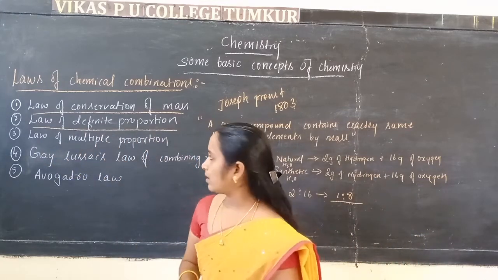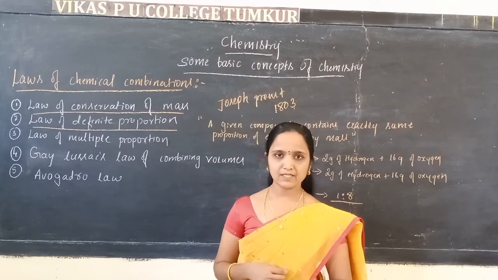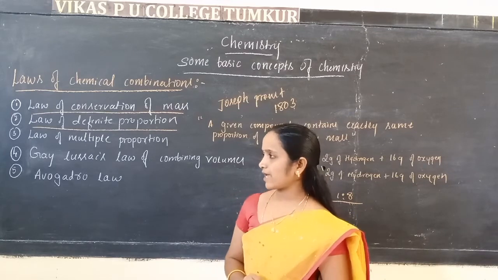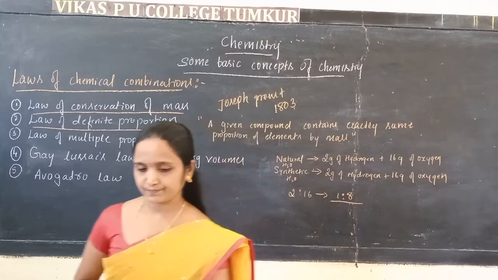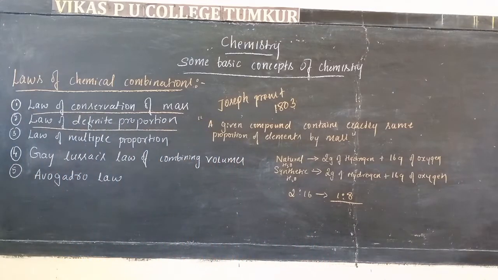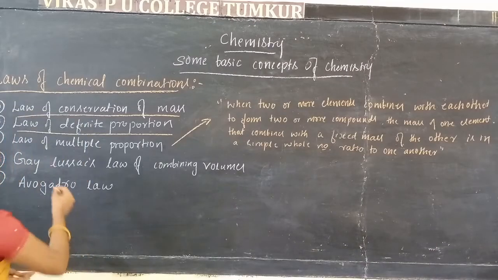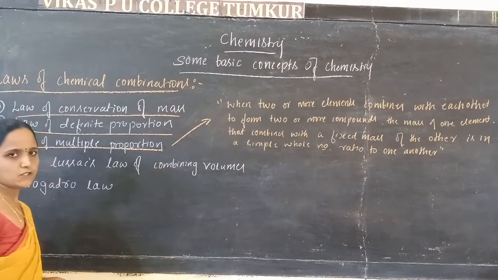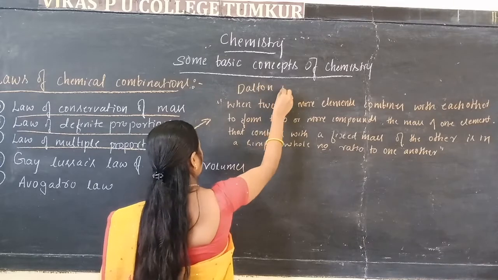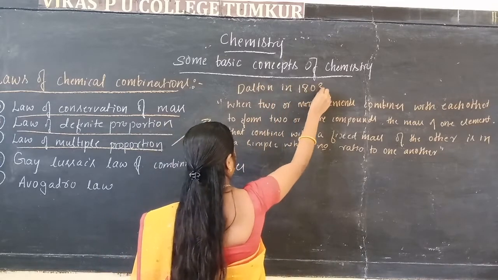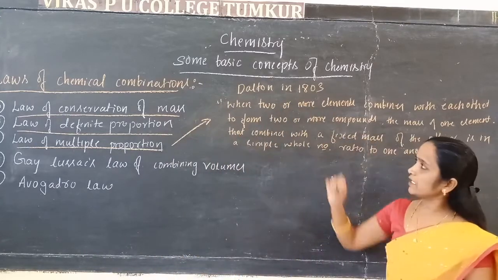This law was proposed by the scientist Dalton in 1803. Dalton proposed this law of multiple proportion.